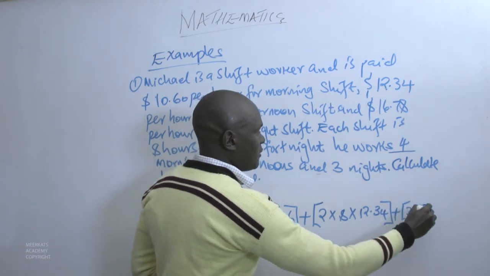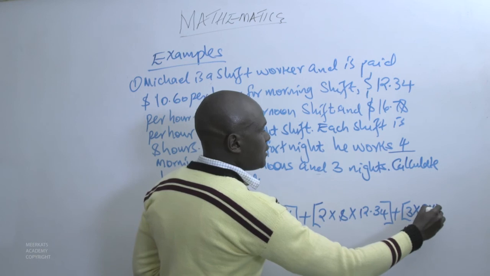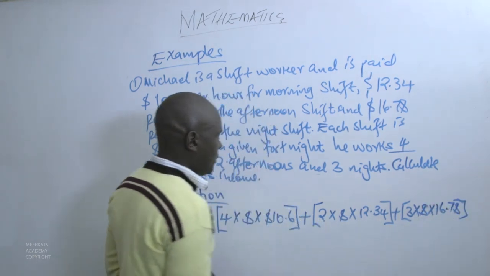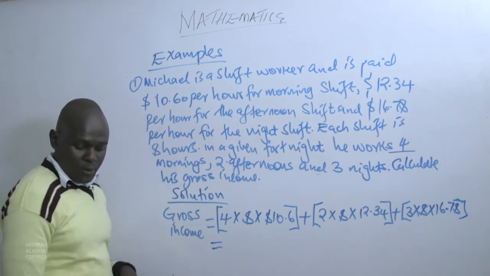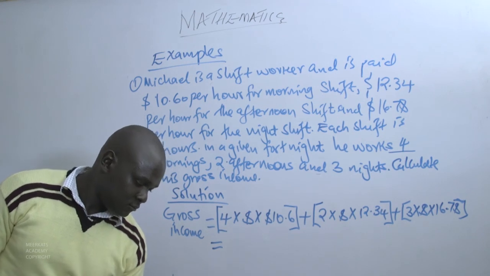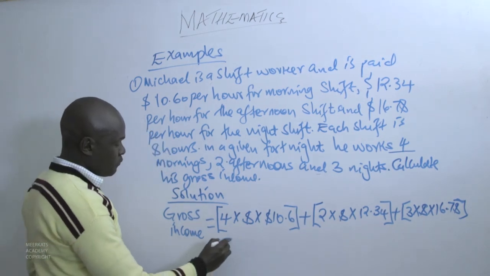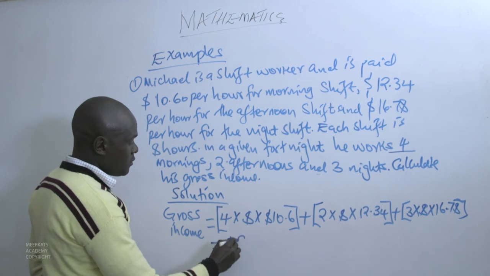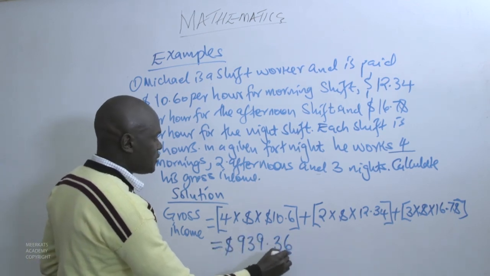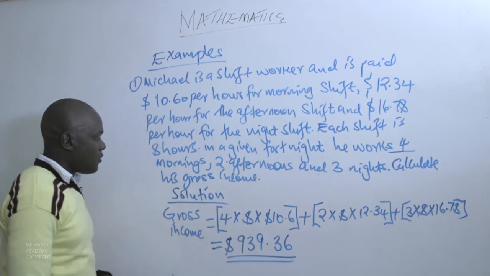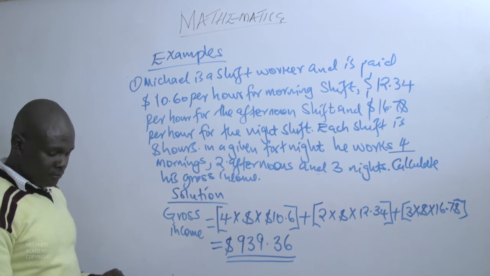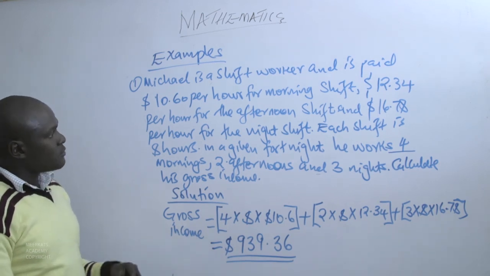Each shift is 8 hours, and the rates are $16.78 per hour. This will give us a total of $939.36. This will be his gross income.